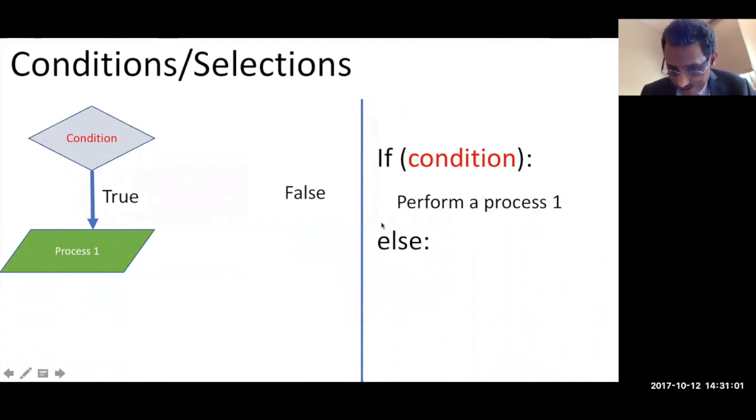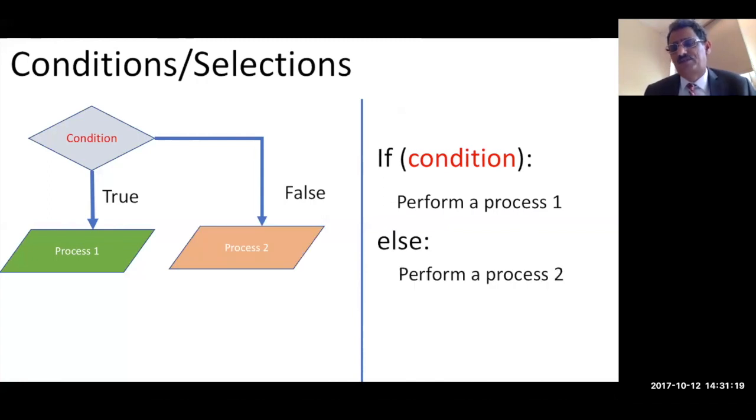That's a mistake people sometimes make, and later you will make that mistake, which is fine because you learn from it. So it has to be on the same level as the if, and I stress that and repeat it. In that case, you do another process, and this process should be at the same level as the previous process because it belongs to the else statement.